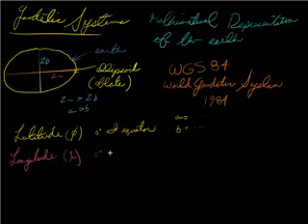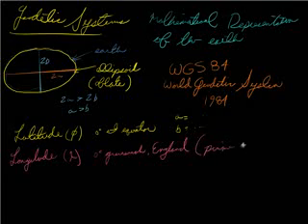So 0 degrees is Greenwich, England. That's the prime meridian.